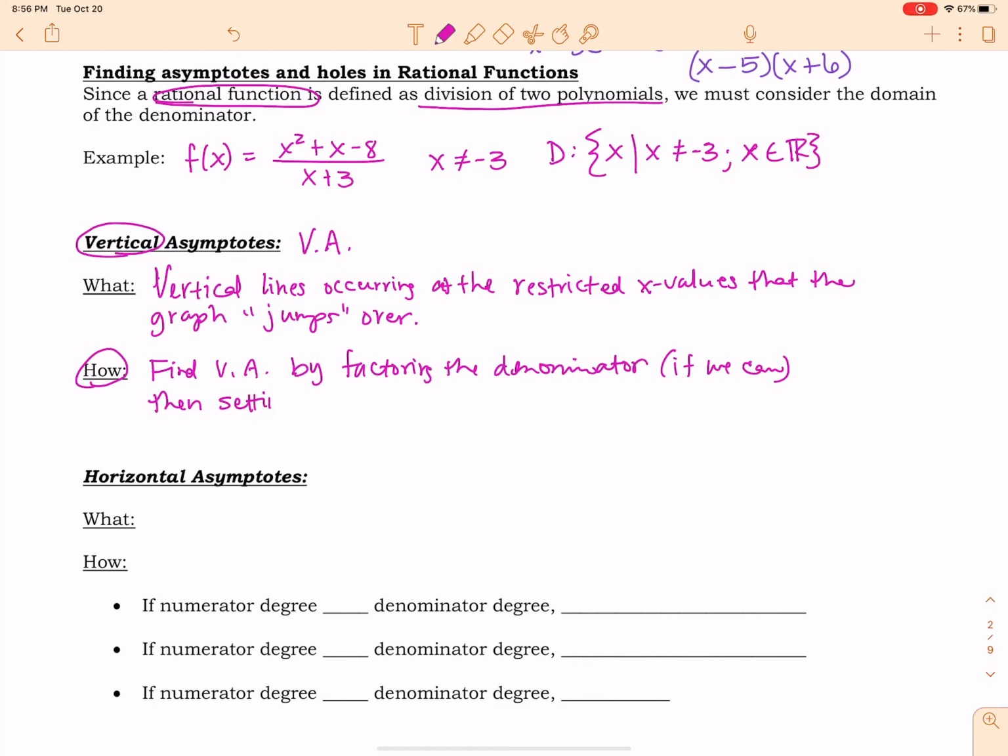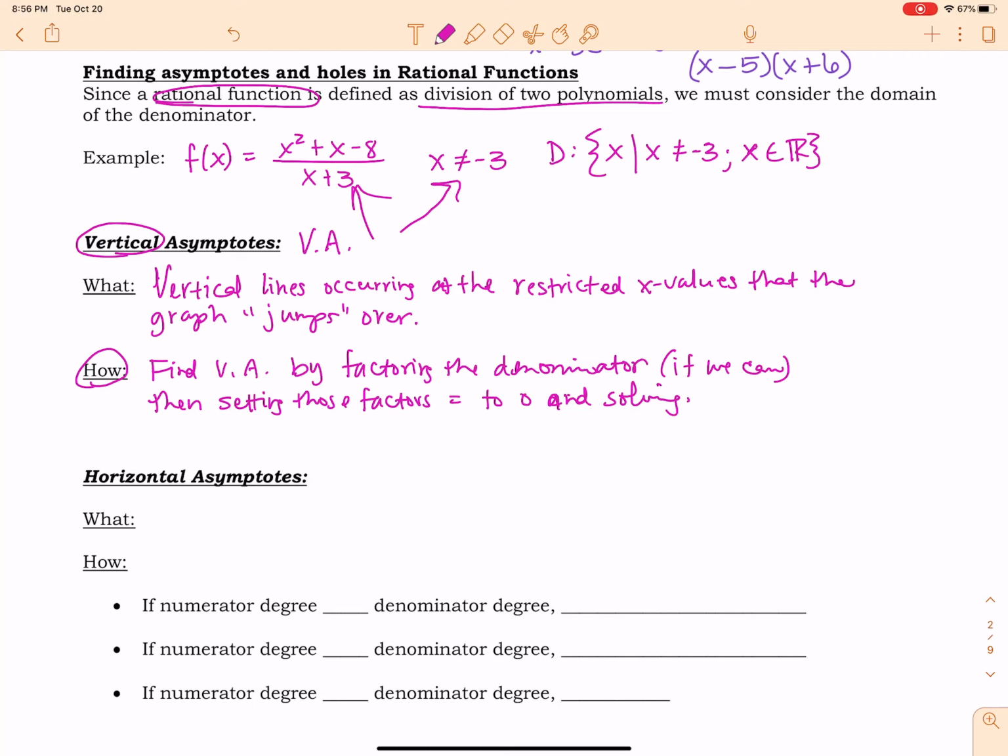And then setting those factors equal to 0 and solving, just like I did right there. I set that equal to 0, or I essentially solved it, and that's how I discover my vertical asymptotes.